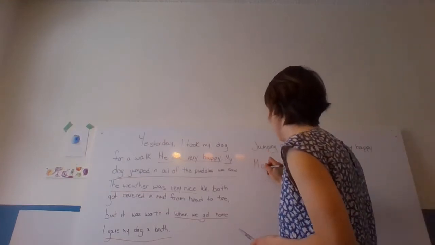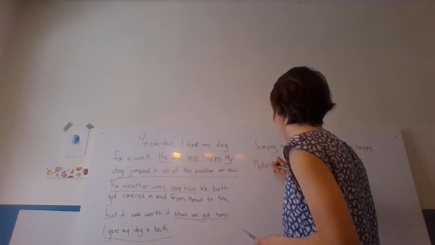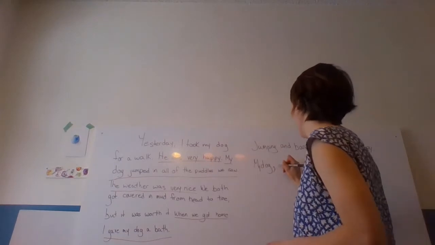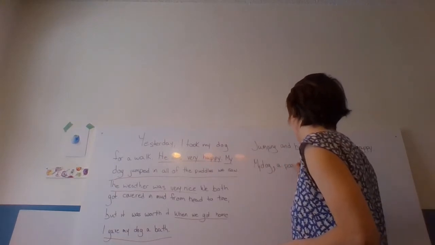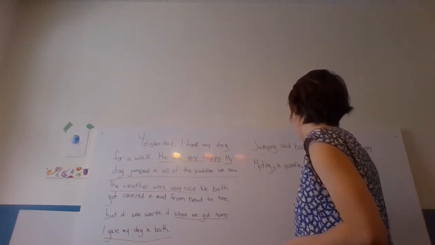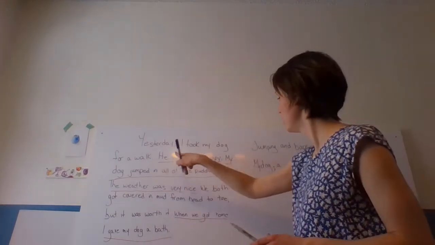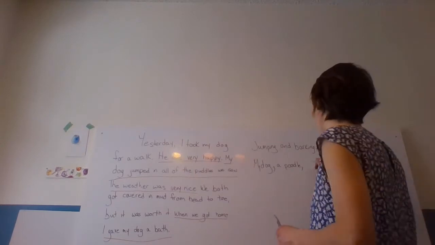So let me write this down. My dog, comma, here's our comma, so we're sentence branching, a poodle, another comma, so this is our branch here, and then we finish off the sentence: jumped in all of the puddles we saw.